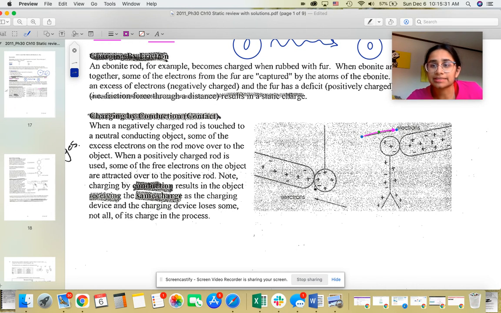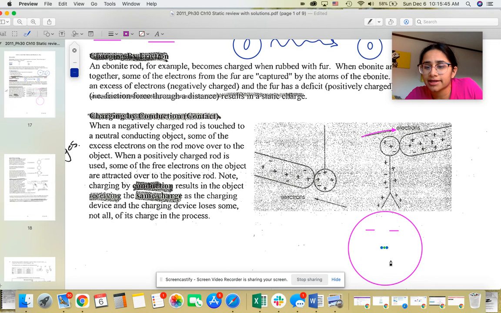In insulators, the electrons are stuck in their positions within and around their nuclei. When we're looking at conductors, they're more like a sea of electrons. The electrons could be anywhere in these areas, and they're allowed to move wherever they want.